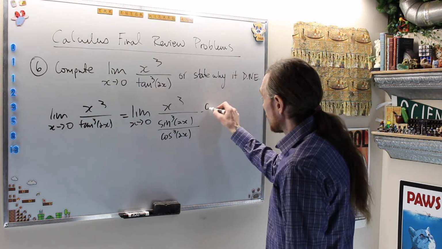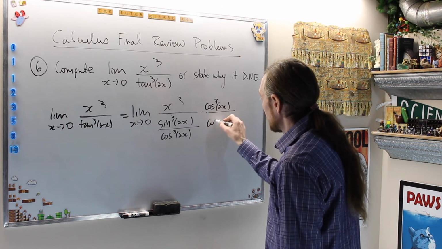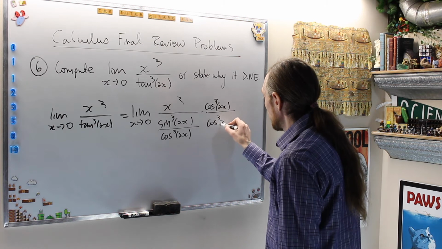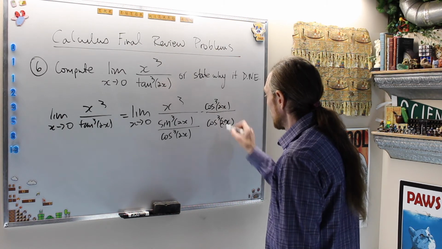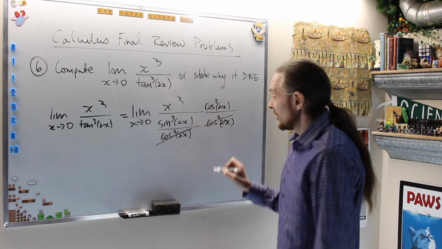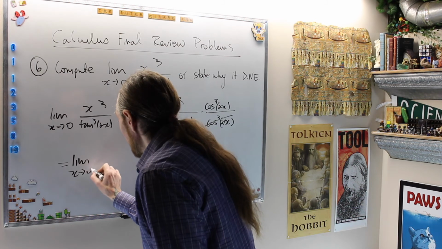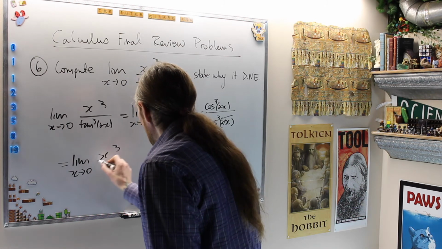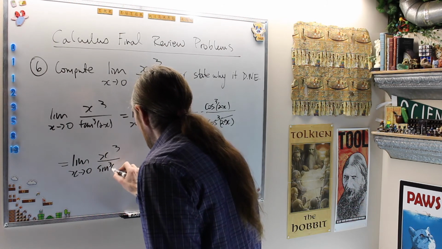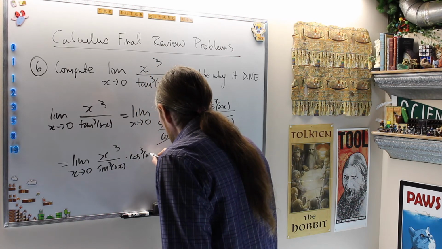If you want, multiply the top and the bottom by cos cubed 2x. And then what do we get? Here we're going to get cancel, cancel, and we get equals the limit as x approaches 0 of x cubed over sine cubed 2x times cos cubed 2x.